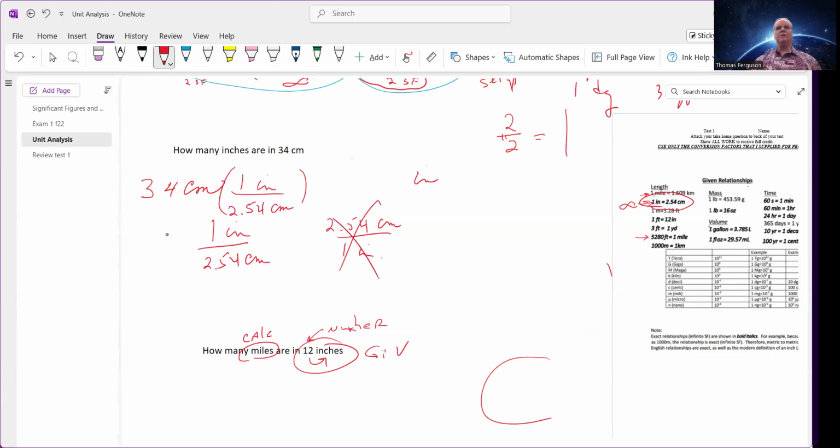That one, given, won't cancel. Okay, how many sig figs is 34? And this is by definition, so this is infinite. And our answer is going to be 2 sig figs.